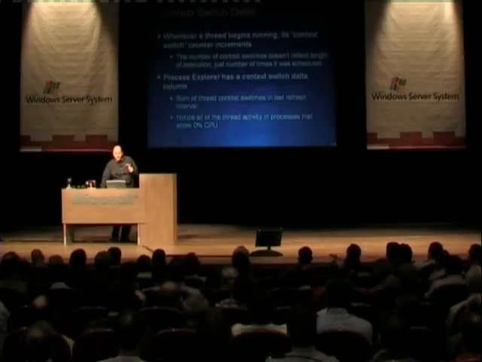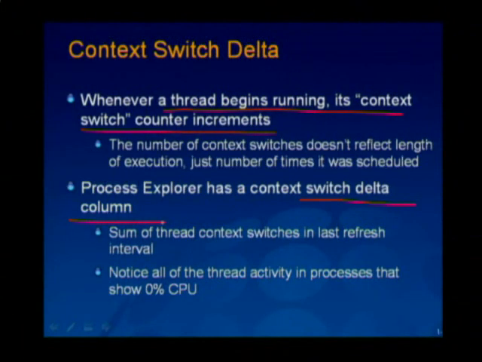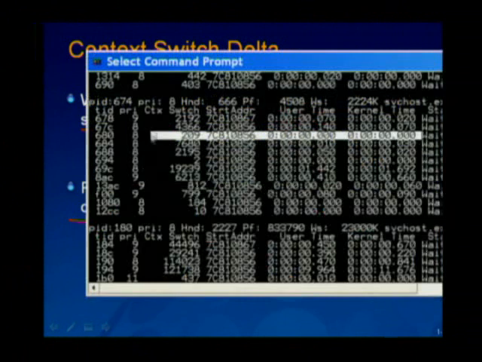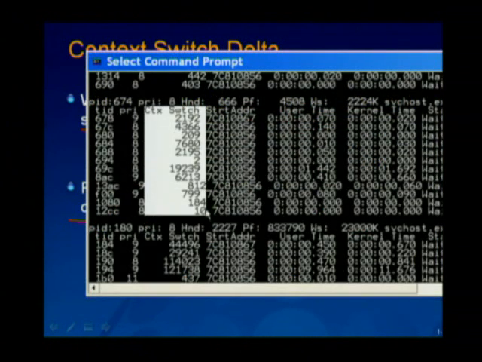So taking that performance counter, Mark has produced a sum of the context switch count that you can use to detect thread activity in processes that are running in between the clock pulse. And he calls that the context switch delta. And basically, here's how it works. He adds up the number of context switches in a process.